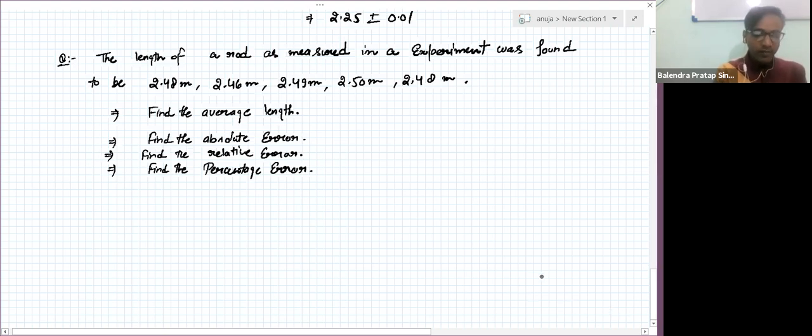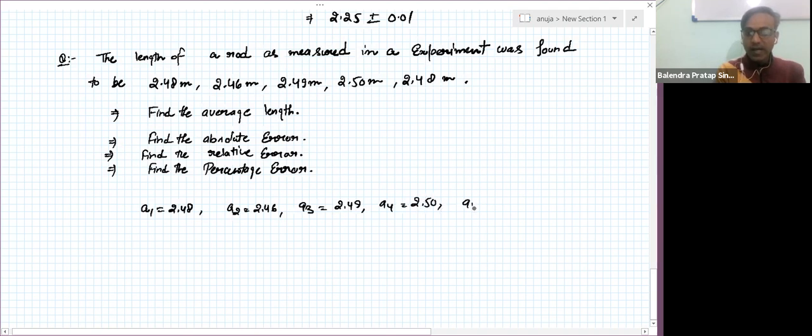So first thing, you have the data like 2.48, 2.46, 2.49, 2.50, 2.48. The formula for average length: the values A1 is equal to 2.48, A2 is 2.46, A3 is 2.49, A4 is 2.50, and A5 is 2.48.